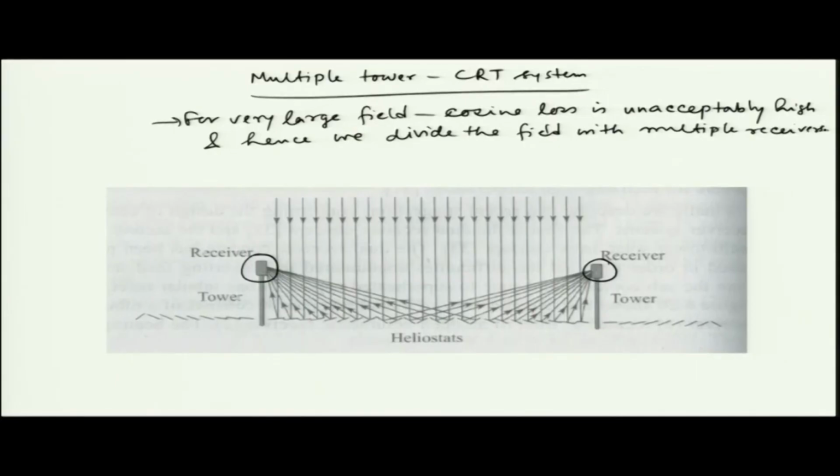Okay. So, this is why this multiple tower CRT system is used. Okay. So, that is a variation of the central receiver tower system.